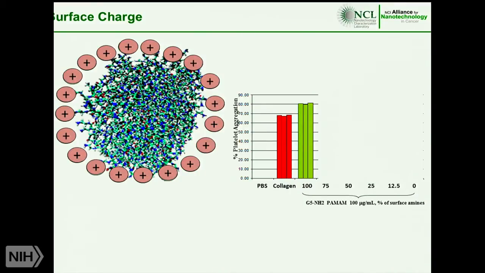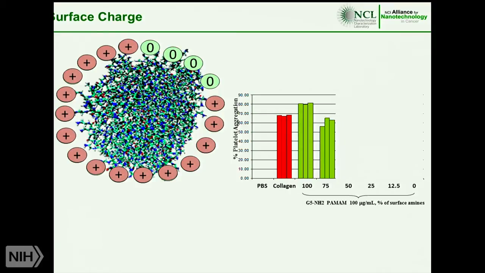Particle surface charge is another property which is commonly used to evaluate their reactivity with biological systems. Again, in this case, I'm using the example of the cationic PAMAM dendrimers. On the earlier slides, I showed you that cationic PAMAM dendrimers interact with the platelet surface and induce platelet aggregation. What our chemists did, they masked 25% of the amines on the particle surface, and we used these particles to look at platelet aggregation.